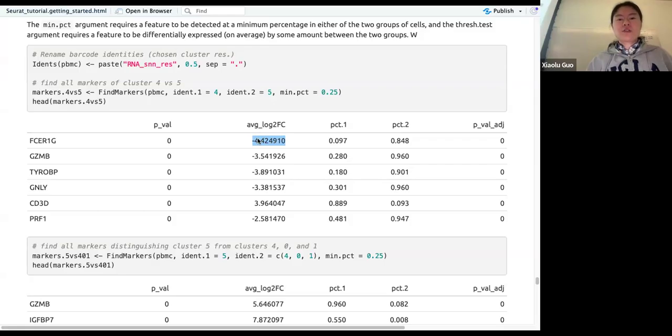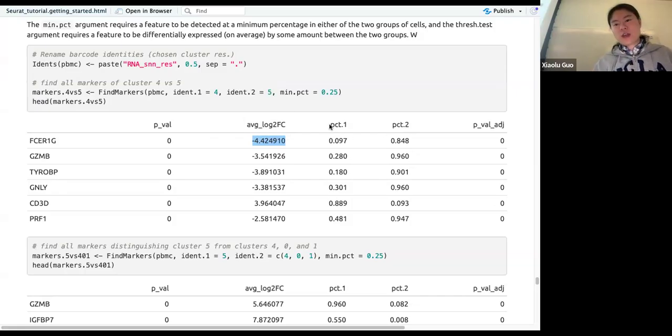Yes. If it's a negative value, it means the log2 fold change is less than 0, which means the fold change is less than 1. The fold change is the first given cluster over the second given cluster, so it means that the first is less than the second.